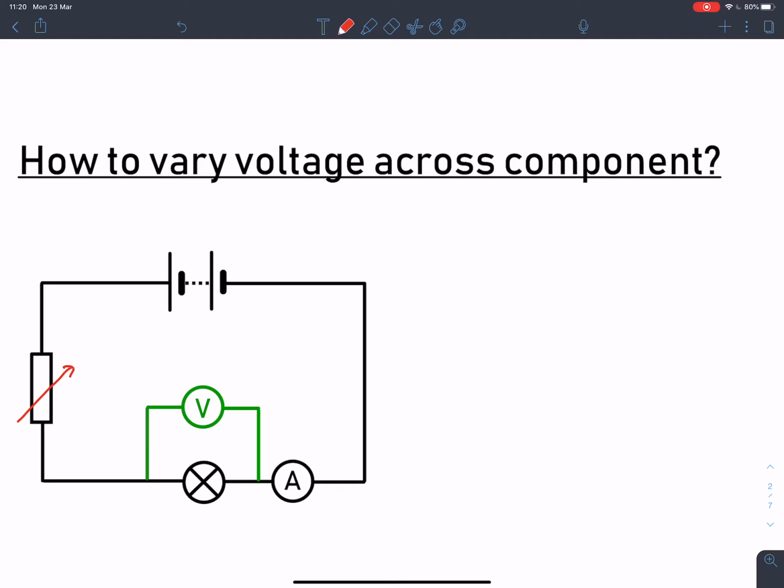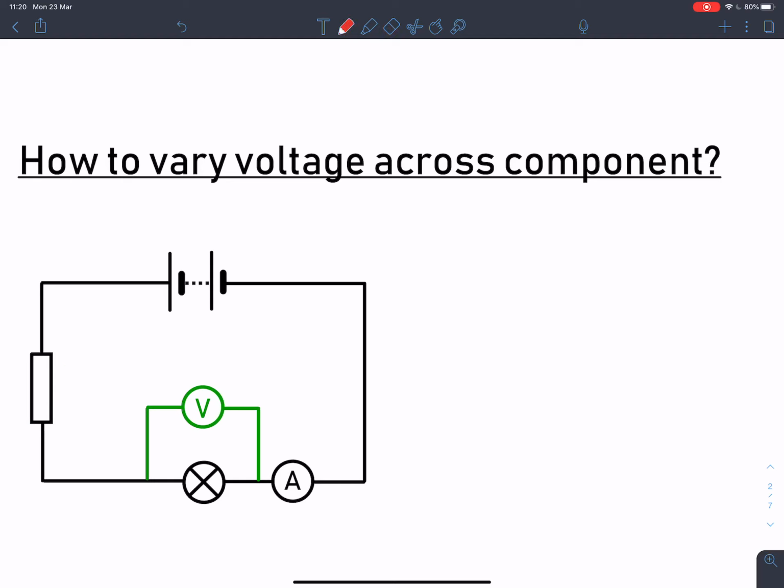So if we think about this circuit, this bulb and this resistor are going to share that voltage. This bulb will never have 0 volts. It's always going to take a certain fraction of that voltage because it has resistance. So what I want is a way to get a full range of voltages from 0 up to some maximum value. So this circuit won't work for that.